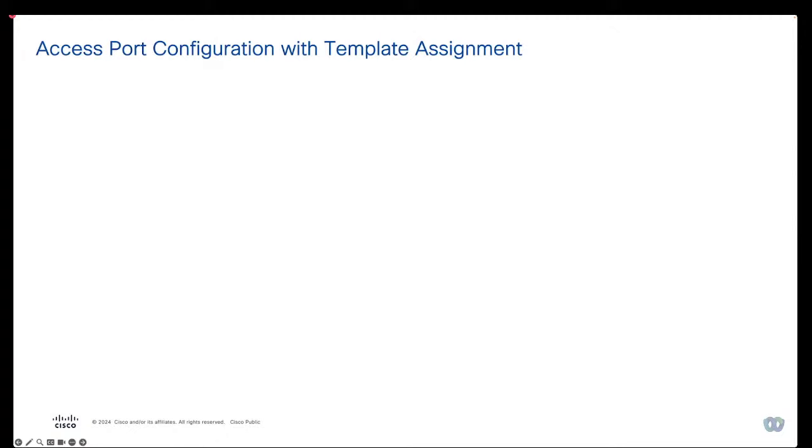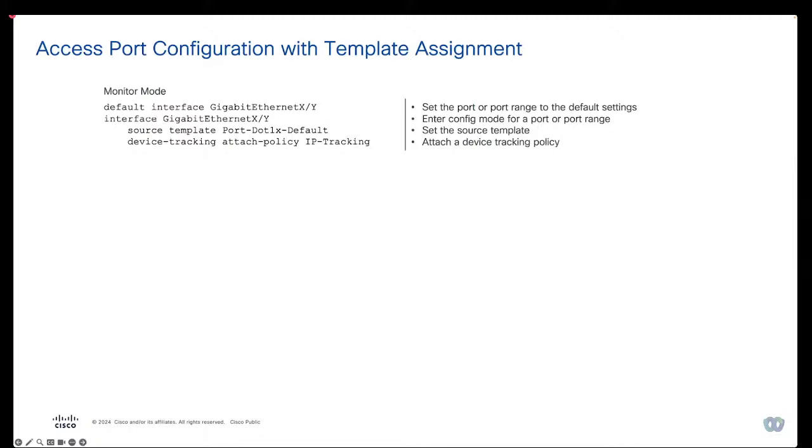When you actually assign a template to a port, we have the three methods of access. We have monitor, low impact, and closed mode. So monitor mode, we would just use the port.1x default that I just showed that had the no access session closed, and then a device tracking policy.